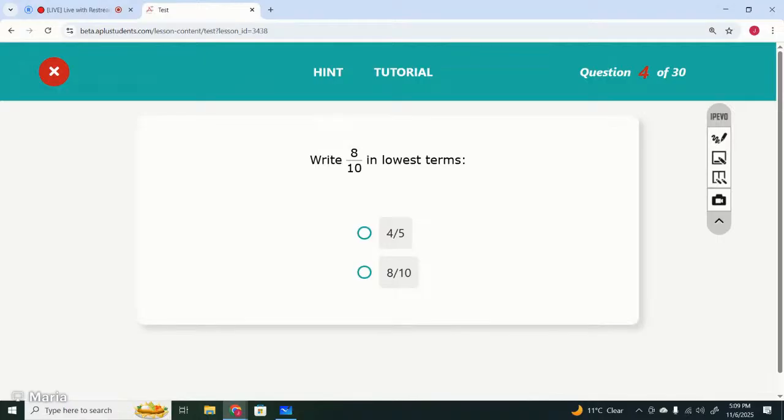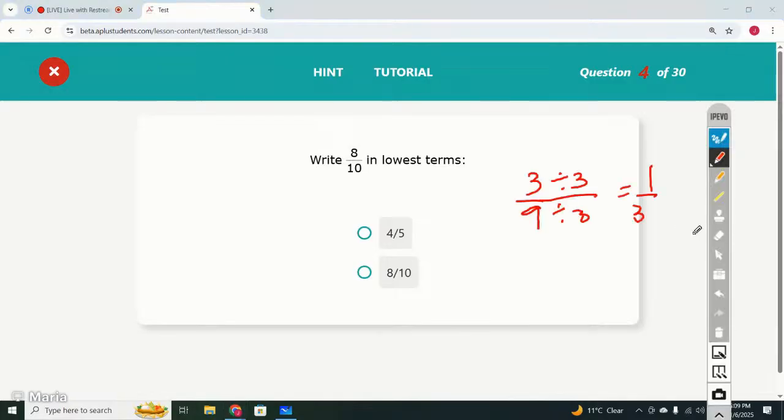Write 8 by 10 in lowest term. So the greatest number that can divide both 8 and 10 is... So divide by the greatest common factor, that is 2. 2 times 4 is 8 and 2 times 5 is 10.